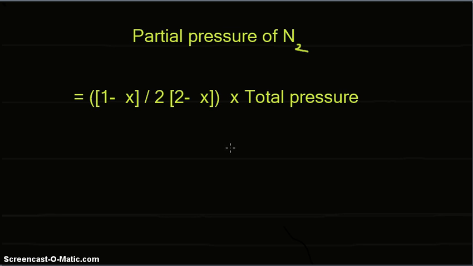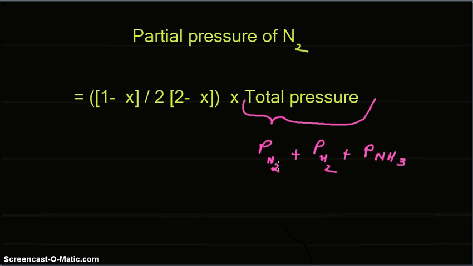The first quantity we will find is the total pressure, which is the sum of the partial pressures of nitrogen, hydrogen, and ammonia. That equals 0.83 plus 2.5 plus 1.66, which equals 5 atmospheres.